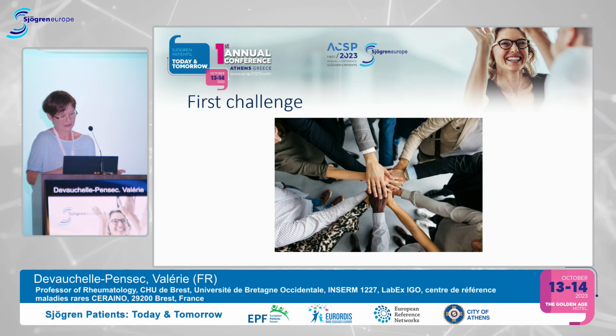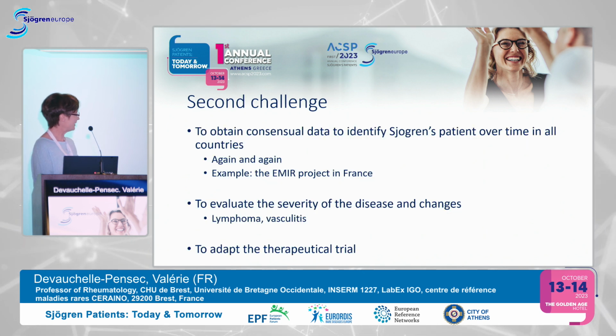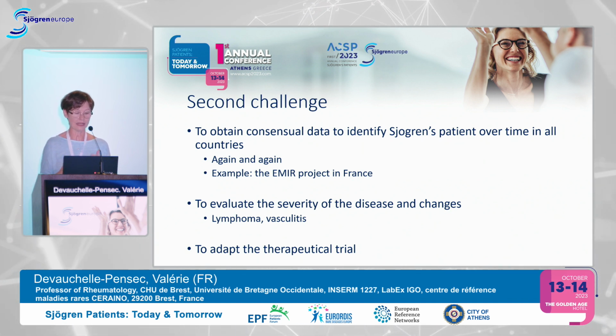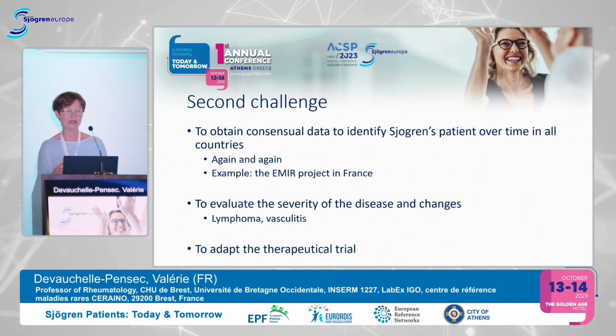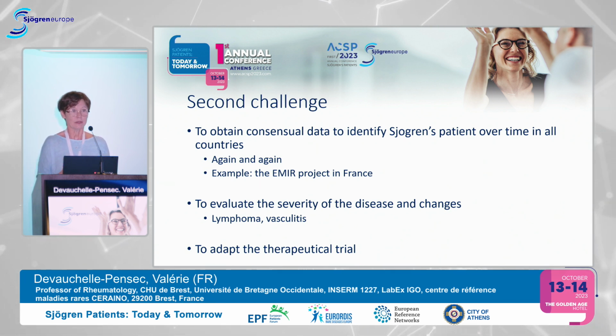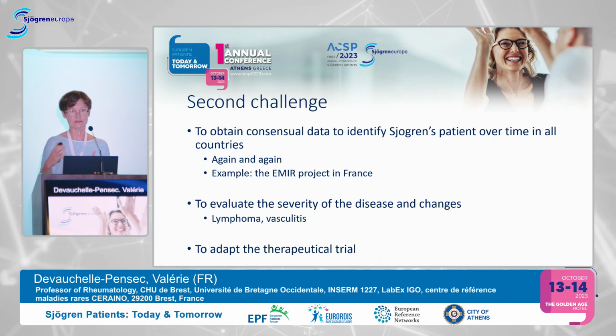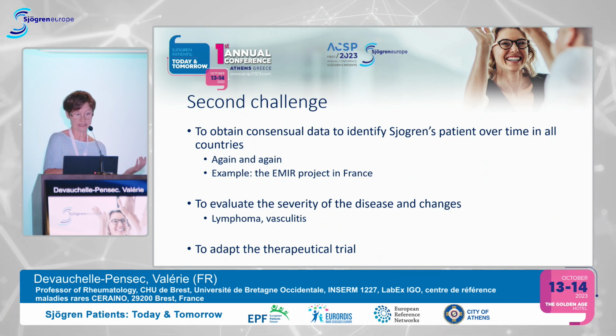So yes, it could be a challenge, but the second challenge is probably to obtain consensual data to identify Sjögren patients over time and in all countries, because we have to know if the prevalence can be modified, and we have to do that again and again because it can change.